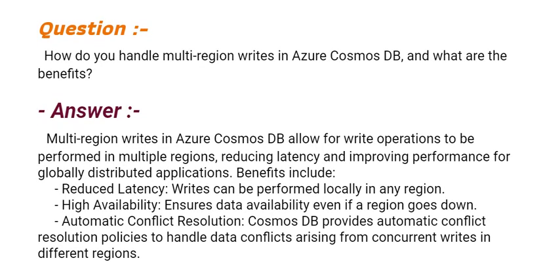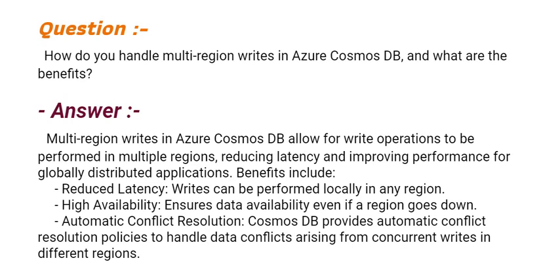The next question is, how would you handle multi-region writes in Azure Cosmos DB, and what are the benefits? Your answer should be, multi-region writes in Azure Cosmos DB allow for write operations to be performed in multiple regions, reducing latency and improving performance for globally distributed applications. The benefits include, the first one is reduced latency.